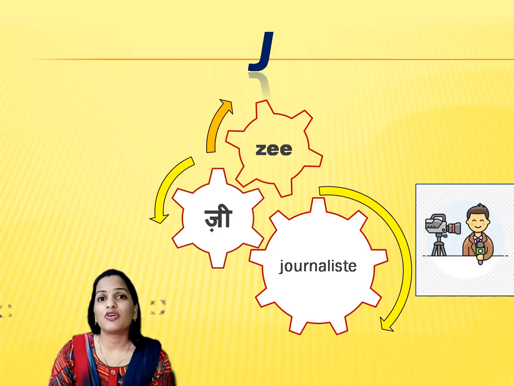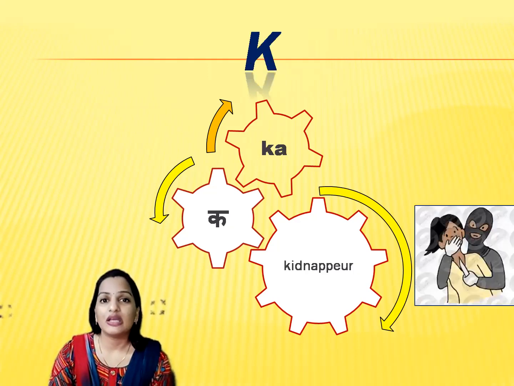And one example from the letter J is journaliste. What is it? Journaliste. You can very well make it out that journaliste means a journalist. What we call a journalist in English is journaliste in French. Understood? Very good.